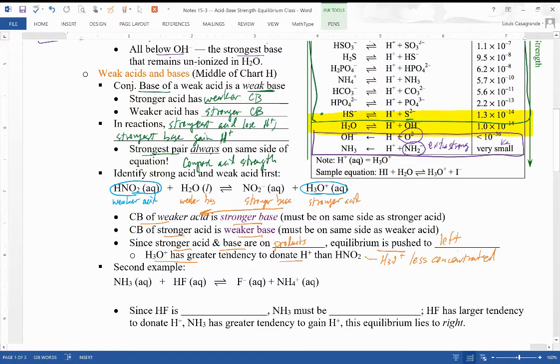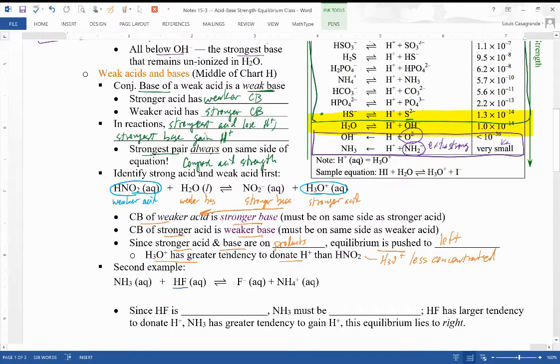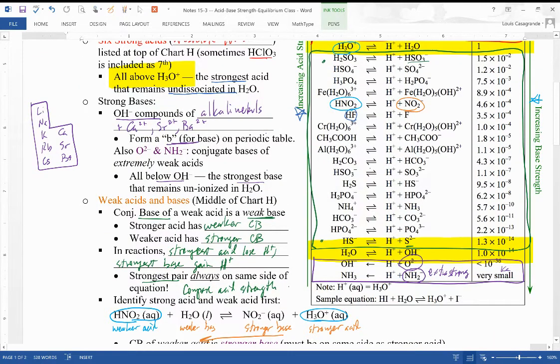So here we are. I hope you have paused the video like I suggested. Now let's take a look at the acids. What are our two acids in this reaction? Our two acids are HF on the left and ammonium on the right. So let's find those guys on our chart. Here's ammonium, fairly low, and I had already circled HF before up above.